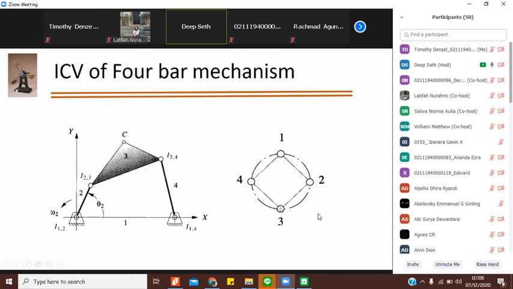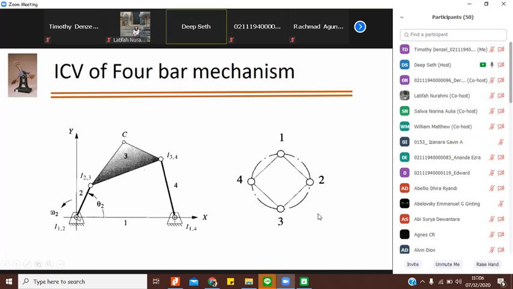Okay, and in that circle, make equally spaced dots for all the links and mark those dots as 1, 2, 3, 4. So what are these 1, 2, 3, 4 representing? These are representing the links. Okay, so here you have your link 1, link 2, link 3, link 4. Okay, so this is your 4-bar mechanism.